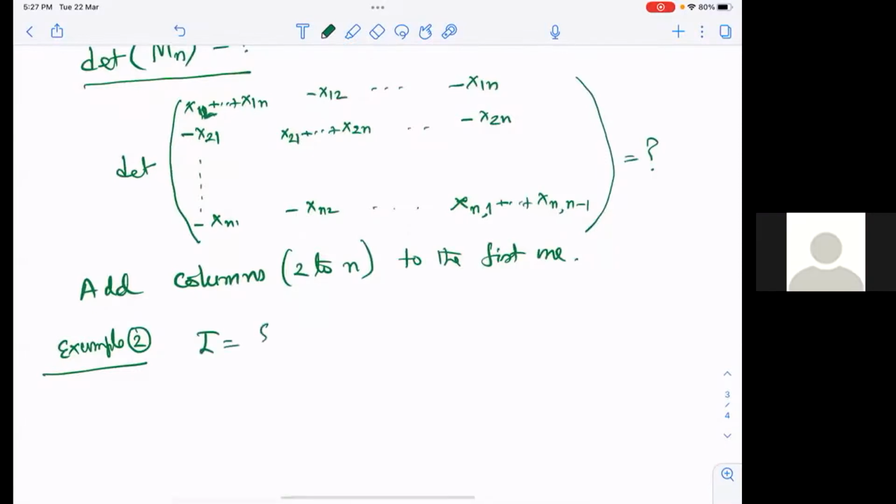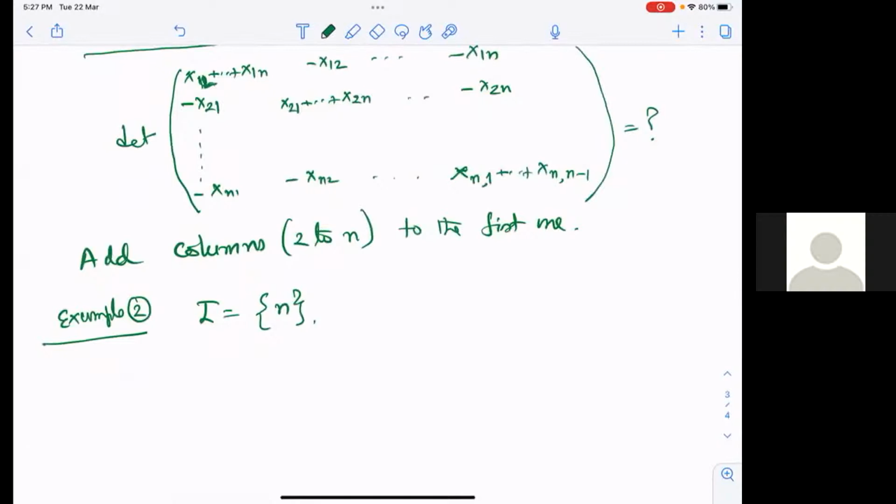Maybe I is just n. Okay. So what is the forest count of x?